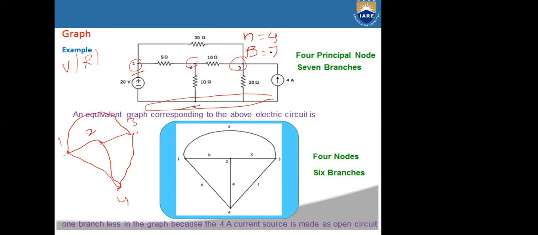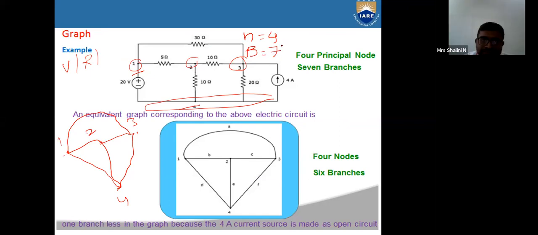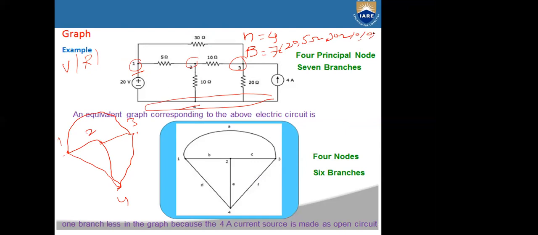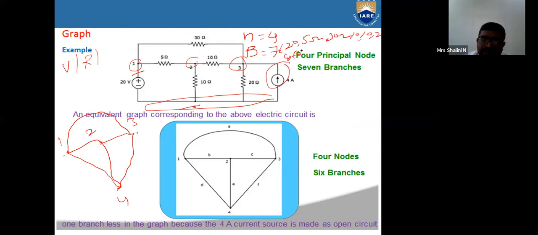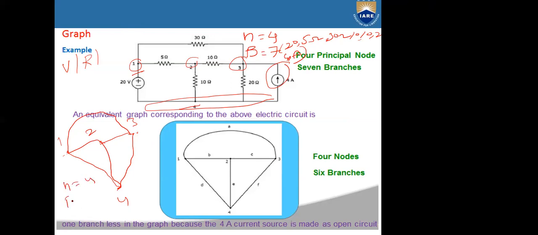What are the branches? 20 volts, 5 ohms, 30 ohms, 10 ohms, 30 ohms, 20 ohms, and 4 ampere current. These are the branches for your electrical circuit. Coming to the graph theory, how many nodes will be there? 4 nodes will be there. How many branches will be there?